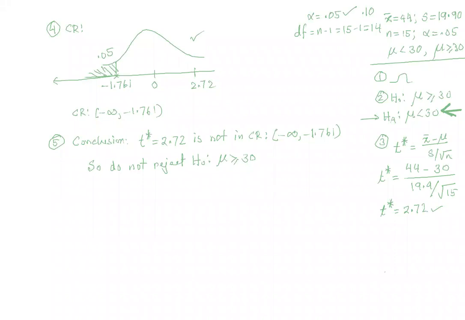So sometimes you have to divide the 0.05. If it were to be a two-tail test, then you divide this 0.05 by 2, but it is a one-tail test, so you just leave it as it is. Okay, next problem.